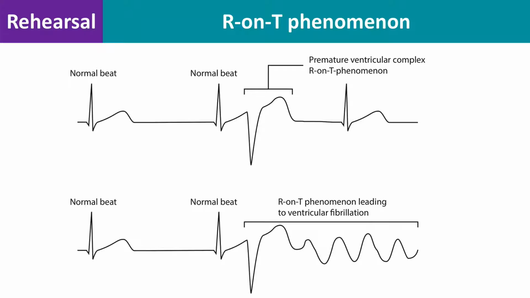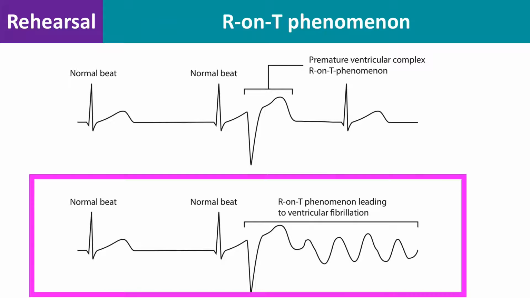And in the worst case scenario, an R on T phenomenon may actually cause a ventricular fibrillation and ultimately a cardiac arrest. And that would look like this. We have an R on T phenomenon which causes a ventricular fibrillation.